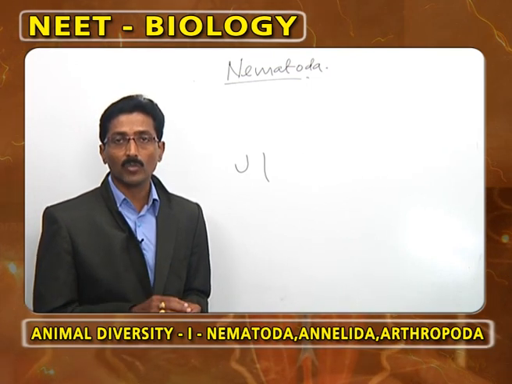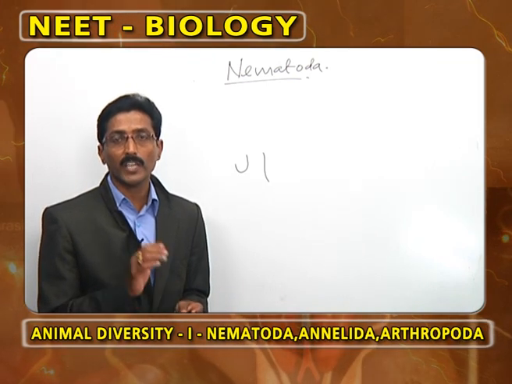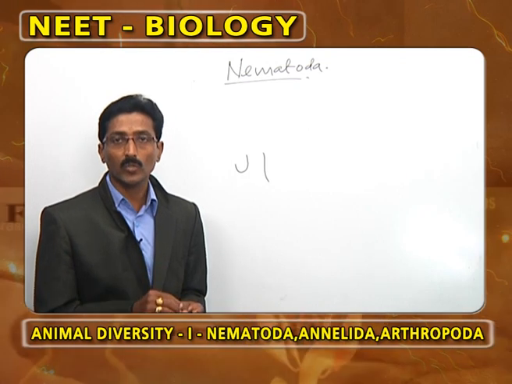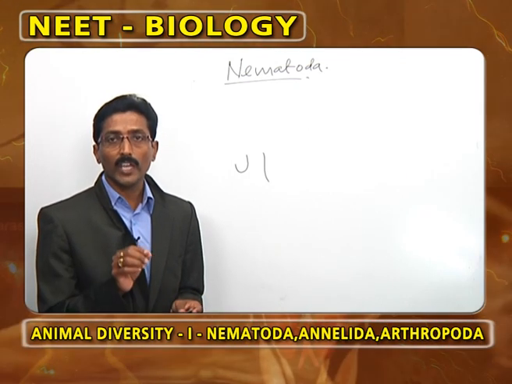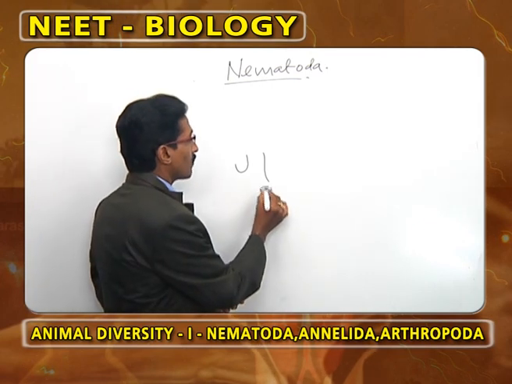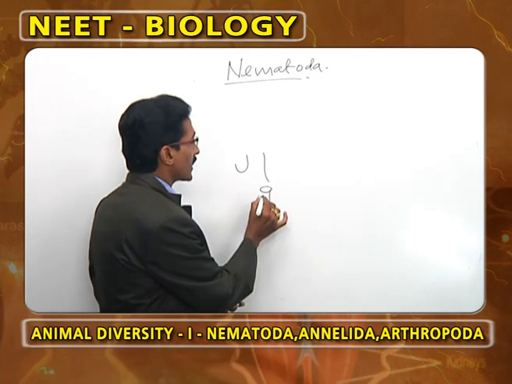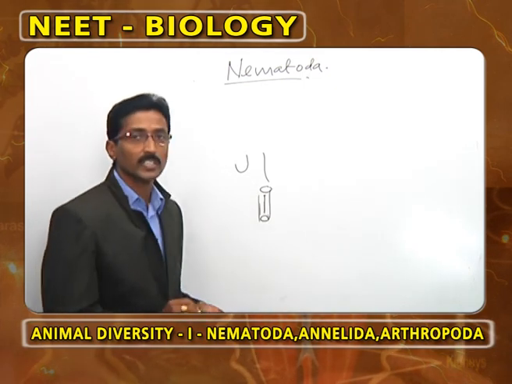In the case of nematoda, what is the body organization? Organ system body organization. In addition, in the phylum nematoda, we observe tube within tube body organization. The body wall is in the form of an outer tube, whereas the alimentary canal is in the form of another tube.